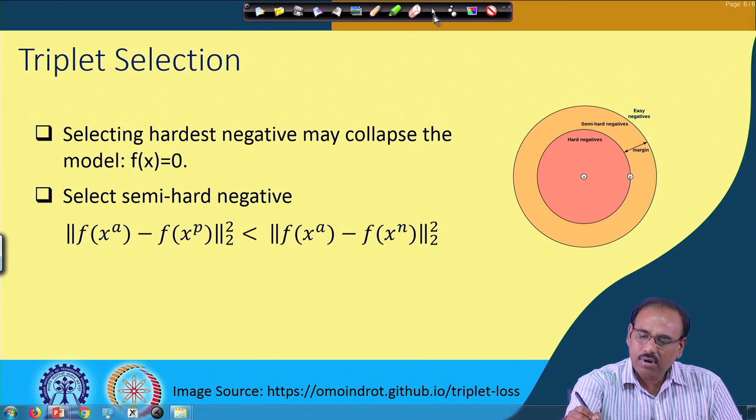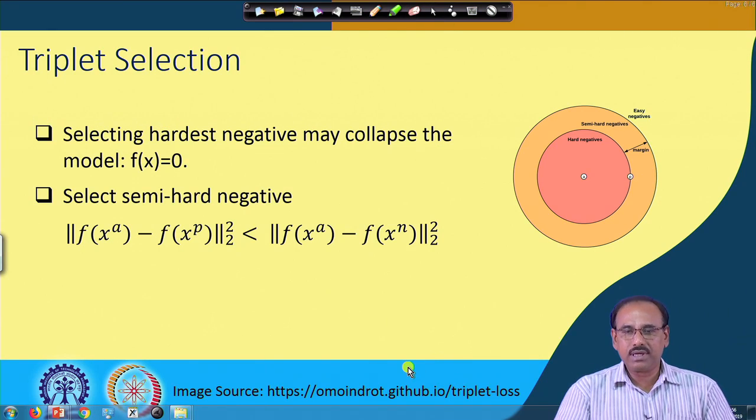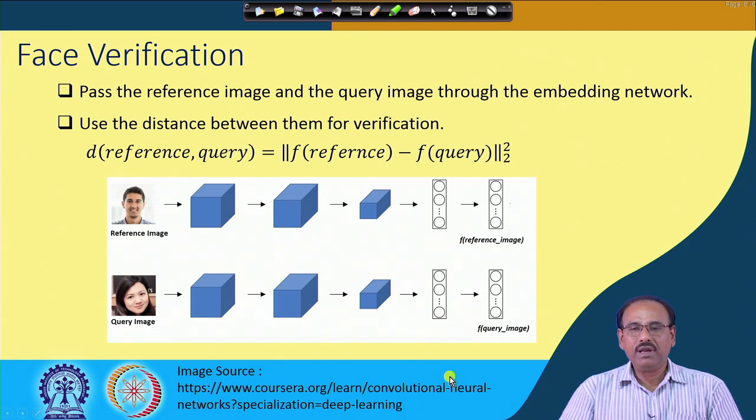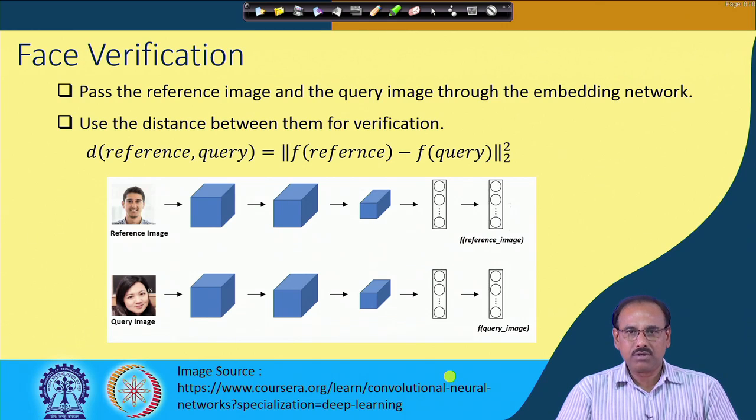Once you have all this and your network is trained, then for any given input image, the output becomes a vector, which is an embedding of your input image into a d-dimensional space. And then your recognition or verification can be done in that space only. Say, for example, in verification, given two images, I have to say whether the two images belong to the same person or not.